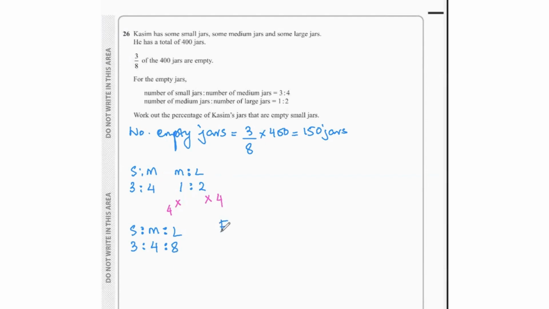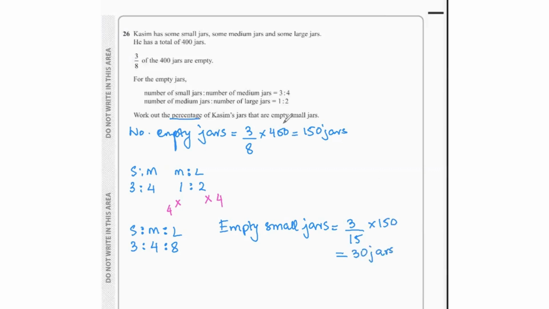Now it's saying work out the percentage of Qasim's jars that are empty small jars. For empty small jars, first let's find the amount. That's going to be 3/15, because that's the total number of the ratio, times 150, which gives us 30 jars.